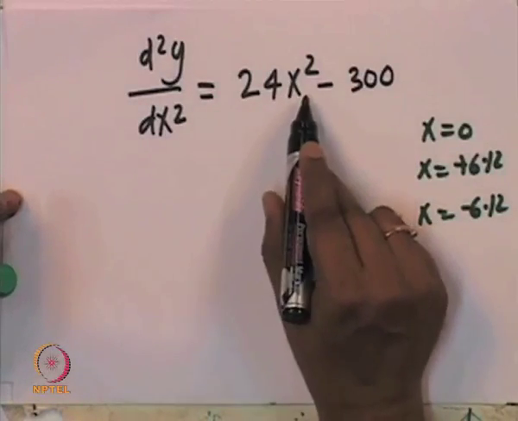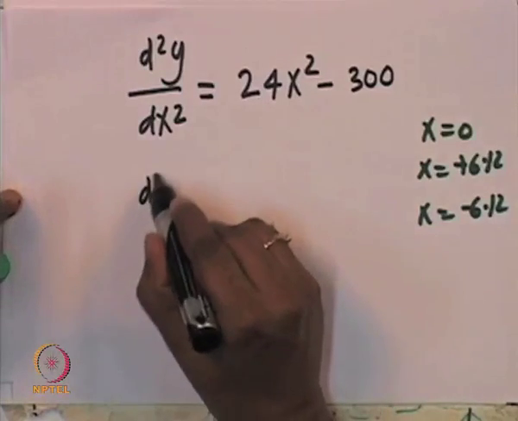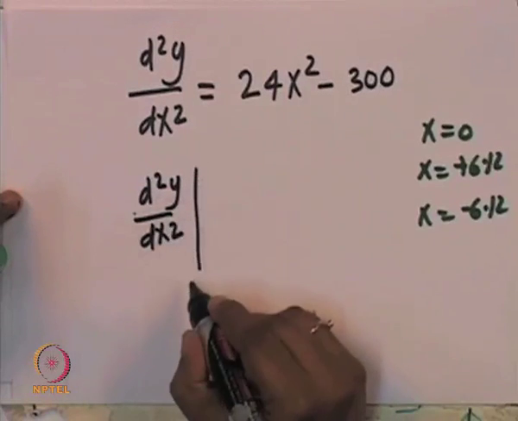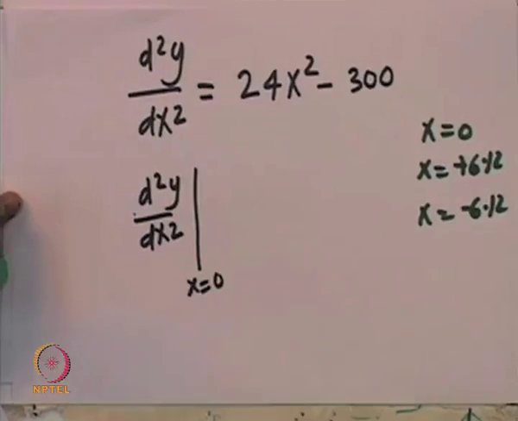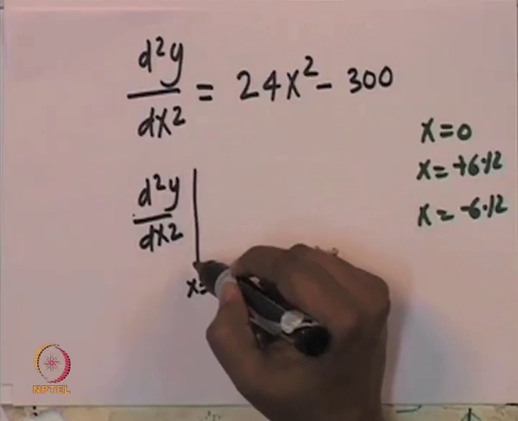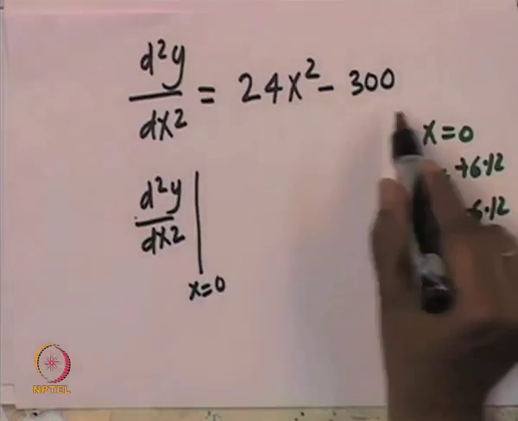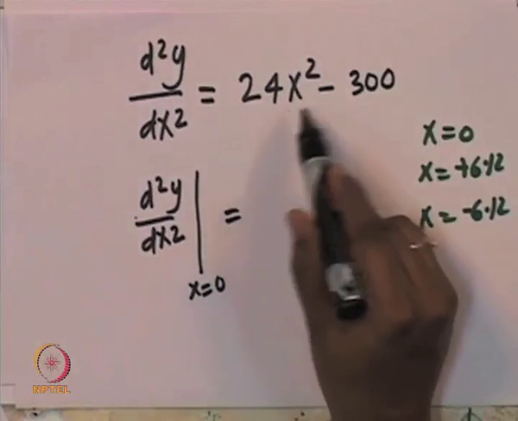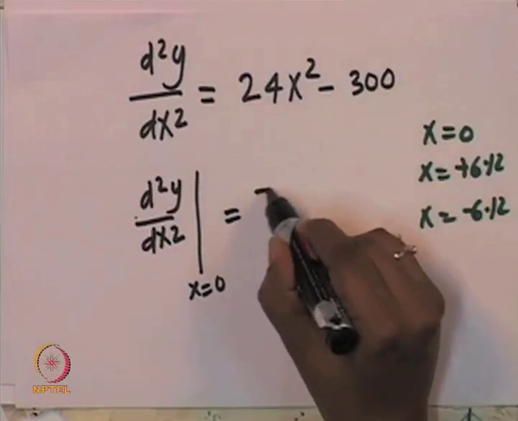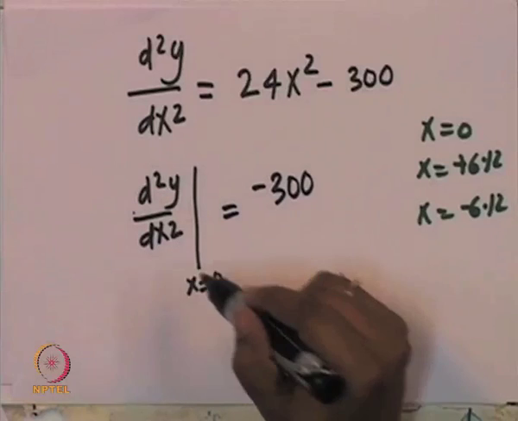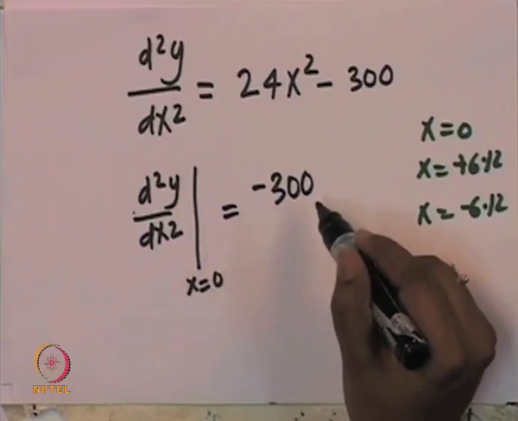If you put x equal to 0, what do you get? d square y by dx square evaluated at x equal to 0. You put x equal to 0 in this, you will get 24 into 0 minus 300. So, you have the answer minus 300. This is a negative. So, the curvature, the second derivative at x equal to 0, is negative.